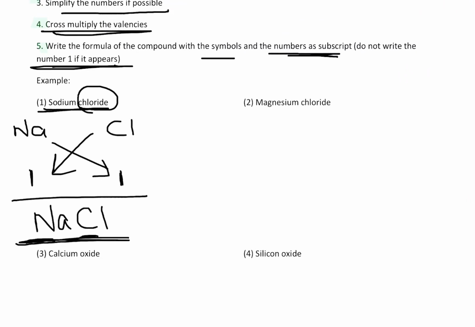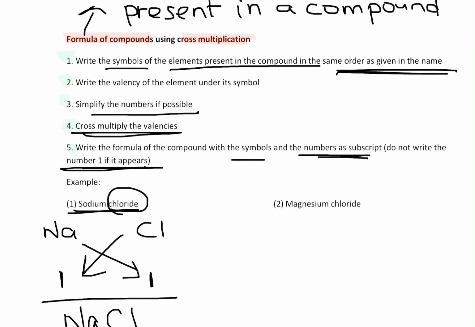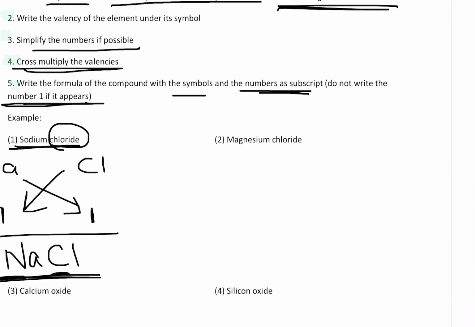Let's see magnesium chloride. Again, step 1, I'm going to write the symbols of the elements present in it in the same order. Magnesium is first, magnesium is Mg. Chloride comes from the element chlorine, Cl. Magnesium is found in group 2, so we'll have valency 2.